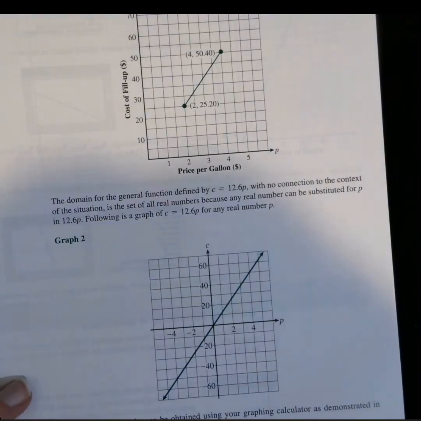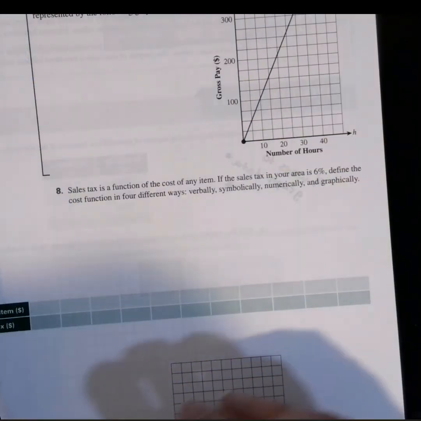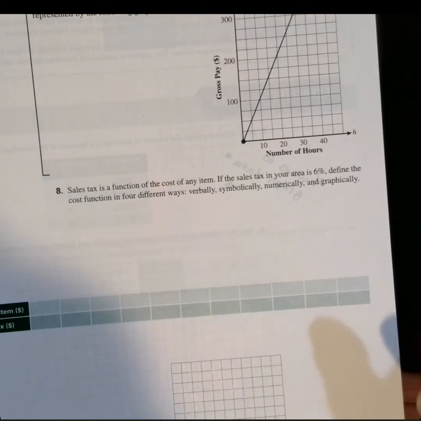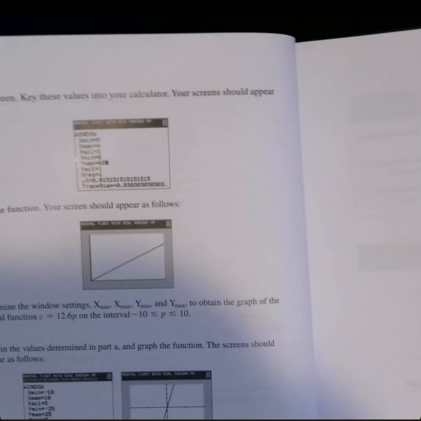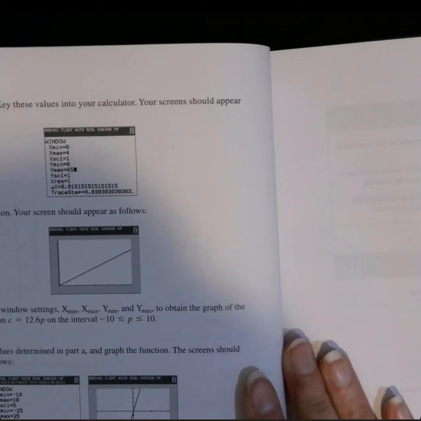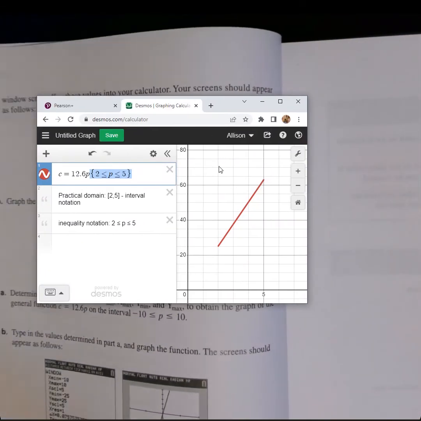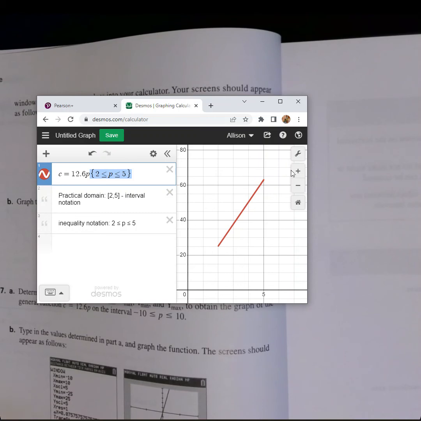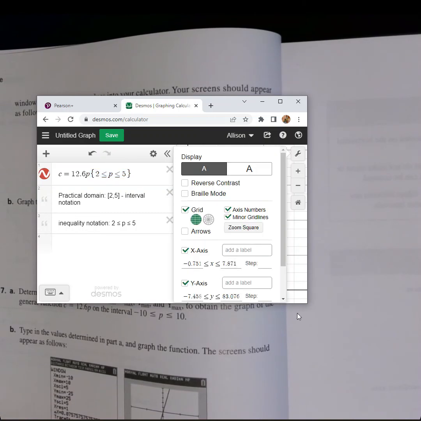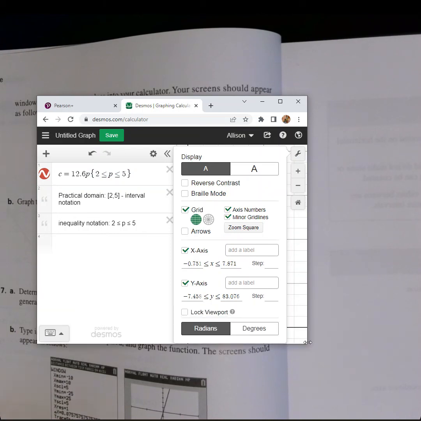Okay, so number 6, again, is all about rescaling things for this same function. Calculator rescaling is weird. Rescaling for our function is going to involve the graph settings button over here. Let me just make my window a little bigger.